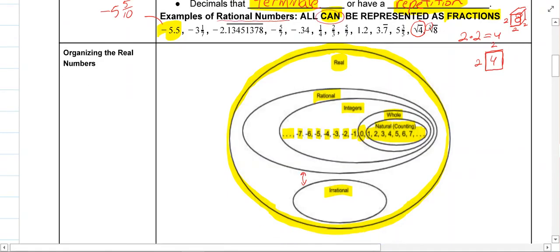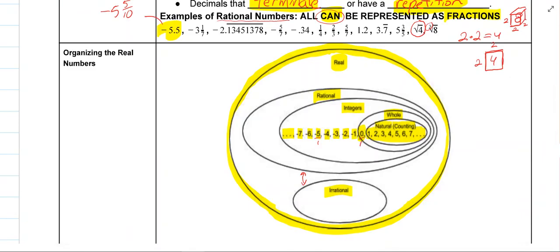Now, all of these numbers, like an integer, like -5, can be written as a fraction. You just put a 1 underneath it. You guys know that. Okay? All the natural numbers can be written as a fraction. You just put a 1 underneath it. 0 can be written as a fraction. You just put a 1 underneath it. All right? So those are all fractions. That's why they're rational numbers, because they can be written as a fraction.